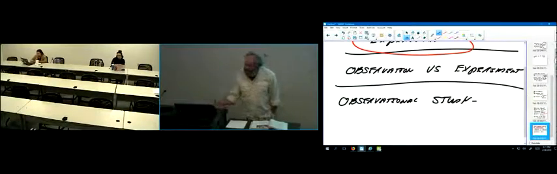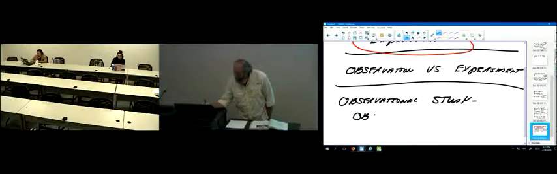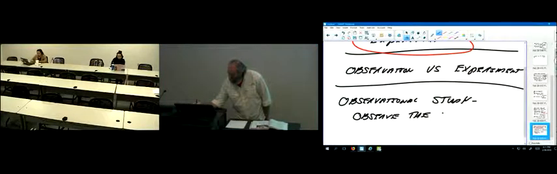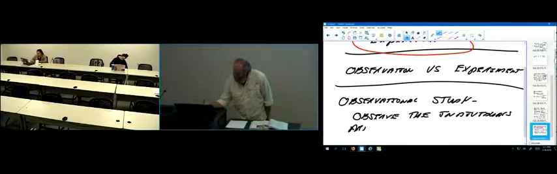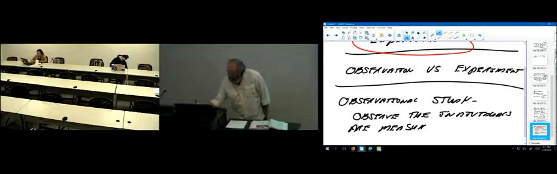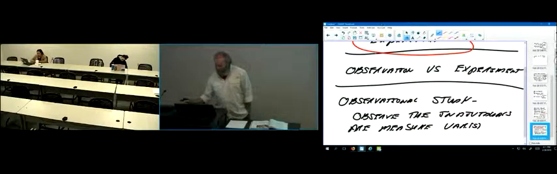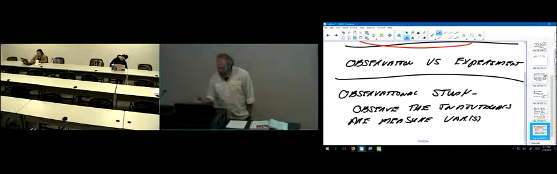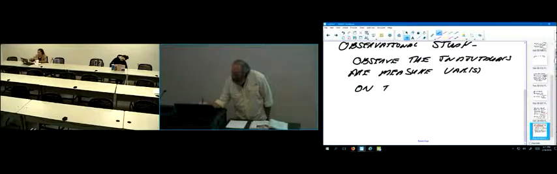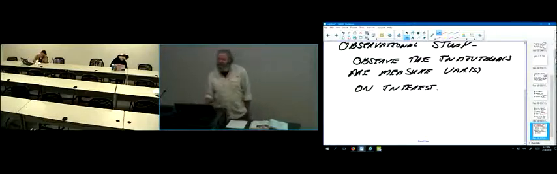So what we do here is you observe the individual and measure variables. It might be just the variable of interest. In other words, whatever you're interested in, you just ask them the question and you get your answer.